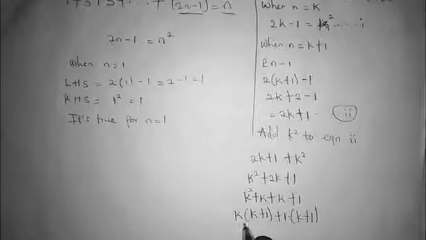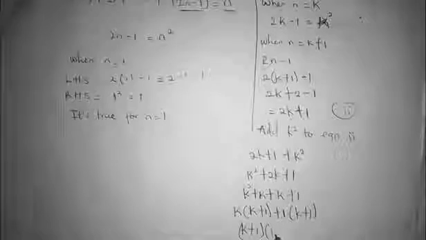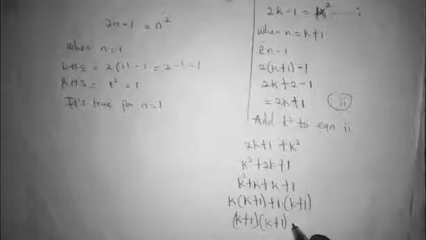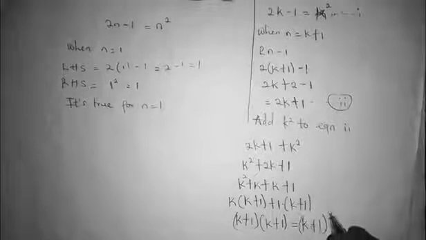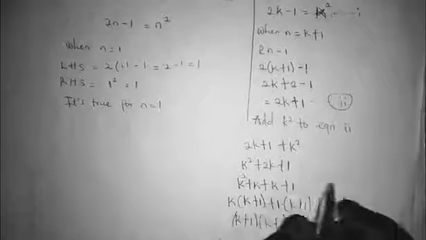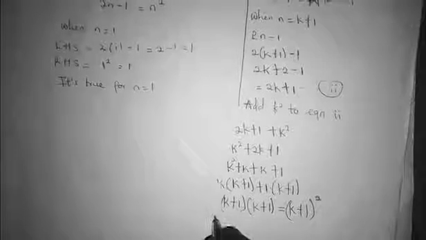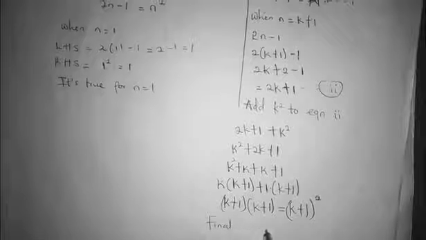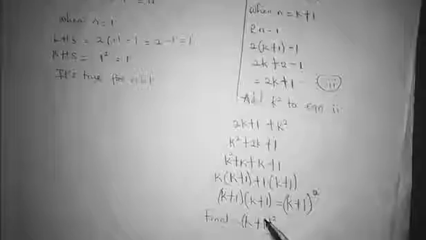You bring this together, that's k plus 1 times k plus 1, which gives us k plus 1 squared. So our final answer is k plus 1 squared. Now how will you check whether this is true? Don't forget that when I'm dealing with this part, I did not do it for the left hand side.